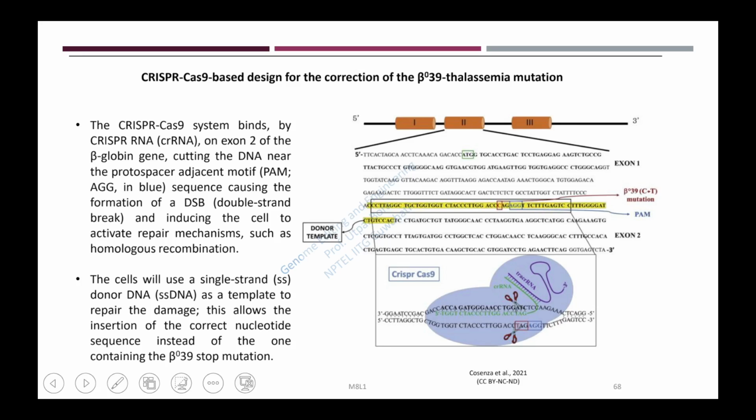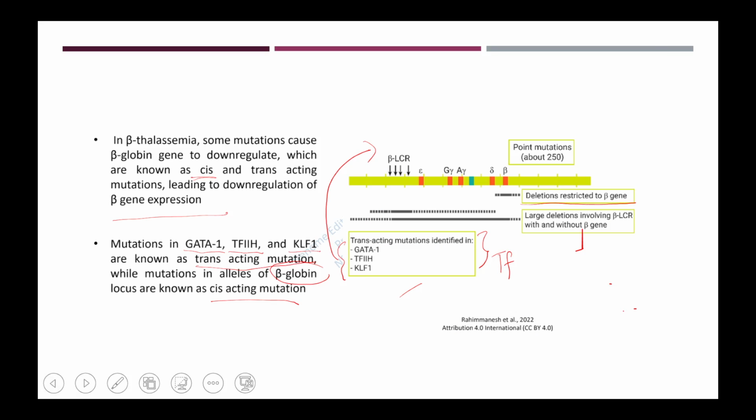Yeah. So now comes the gene therapy. Okay. So in gene therapy, as we know, genetic disorders are there. So this is the beta gene that has three different exons, exon 1, 2, and 3. Okay. So you can employ gene editing technologies.